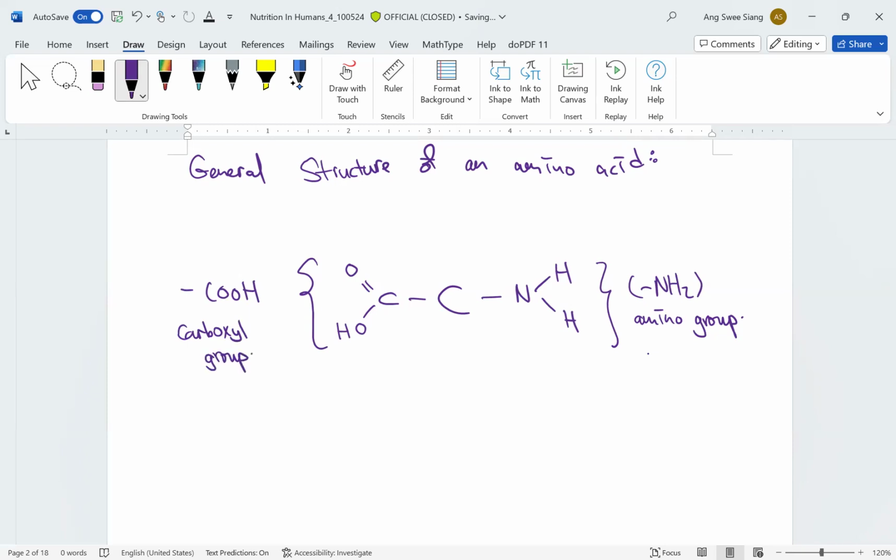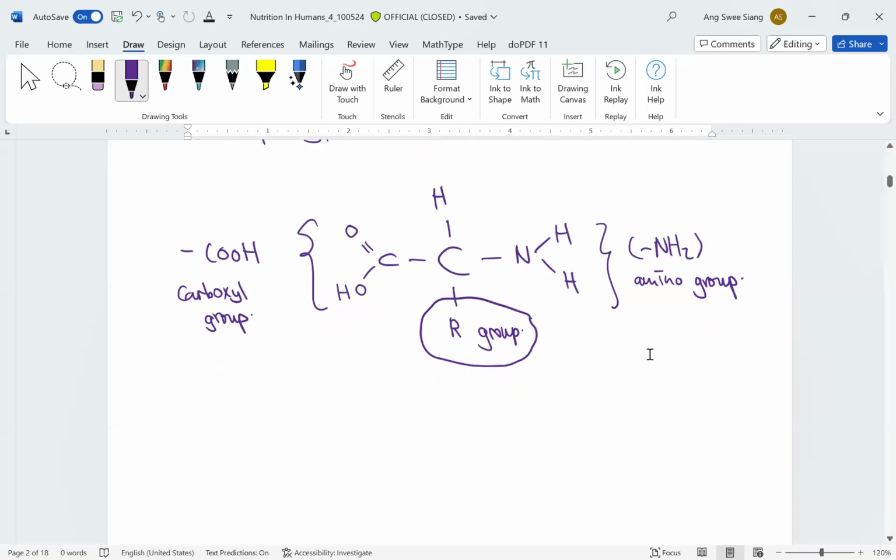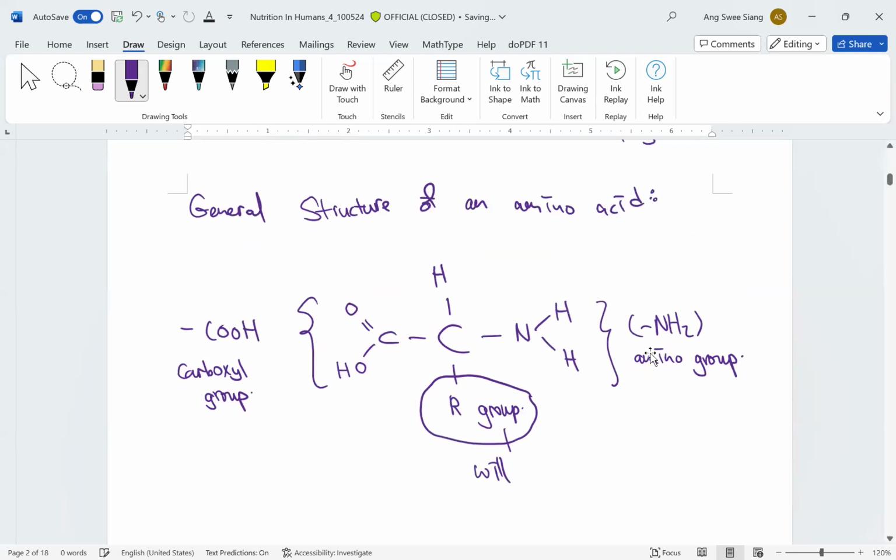Then there will be a hydrogen bonded to the carbon, then an R group. Now, this R group is the one that will differentiate the different amino acids. Different amino acids will have different R groups.